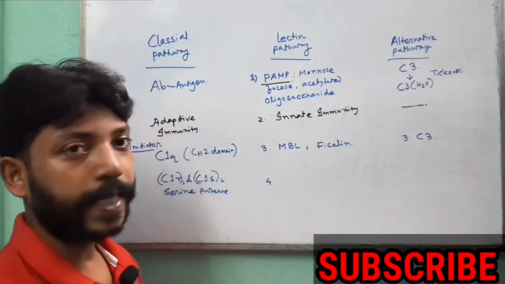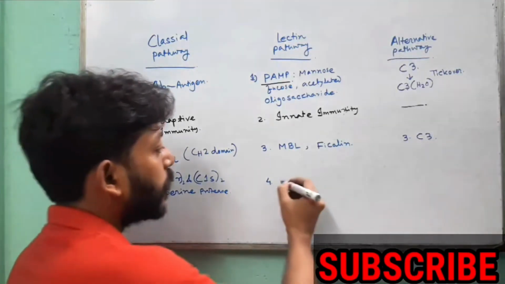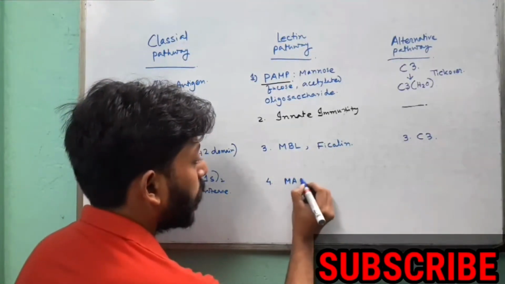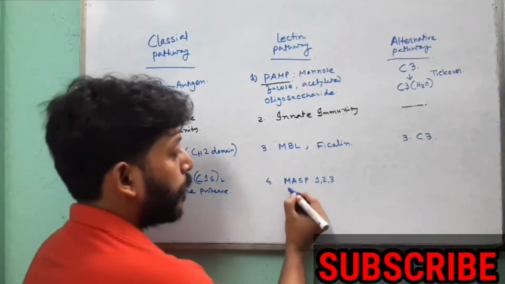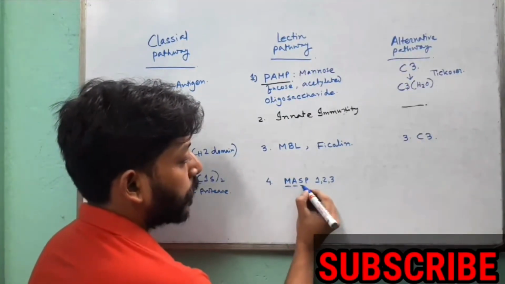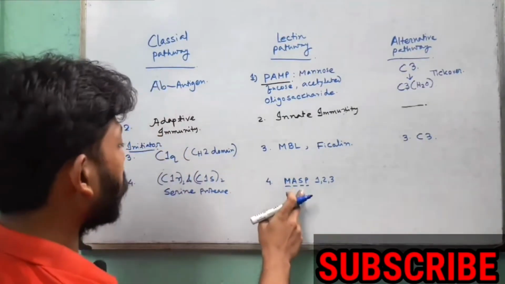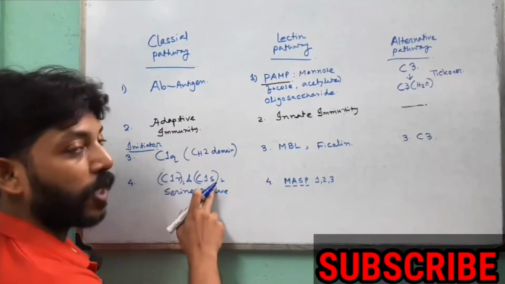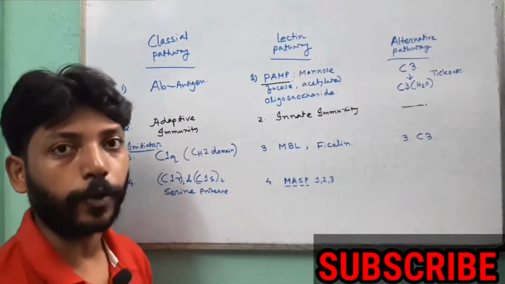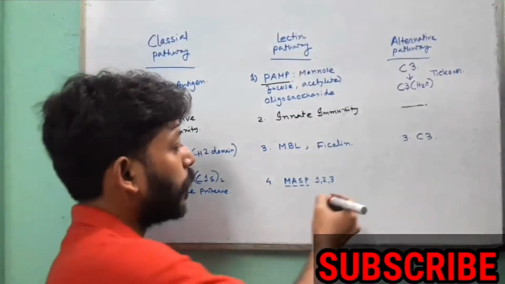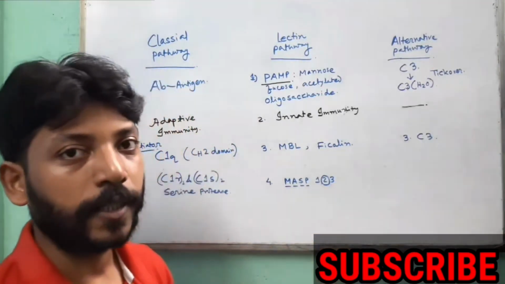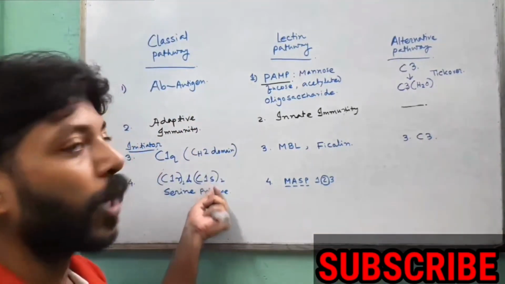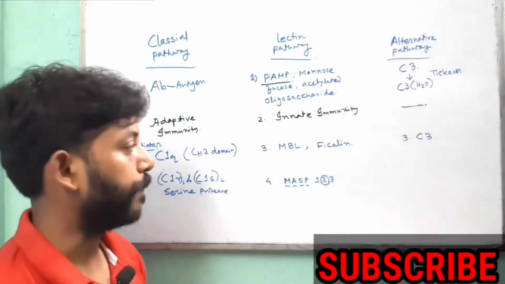In the lectin pathway, the enzymes are called MASP1, 2, and 3. MASP means MBL-associated serine protease. The same function performed by C1r and C1s is performed by MASPs, and I want to mention that MASP2 is very similar in structure to the C1s enzyme.